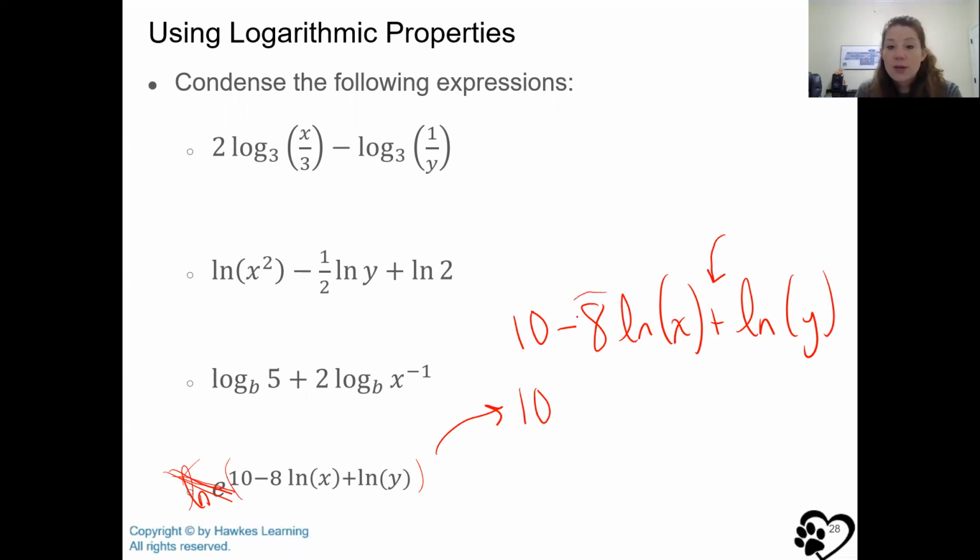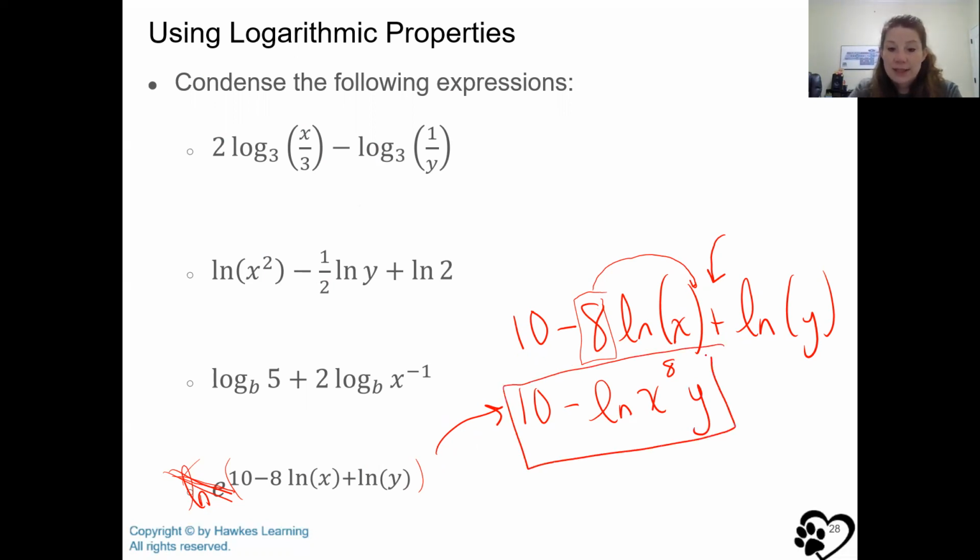So when you have a whole number in front of an ln or a log, you get to make it an exponent. So we're going to say 10 minus the ln of x to the 8th times, because of that plus, y. And then that is the answer right there. That's the final answer.